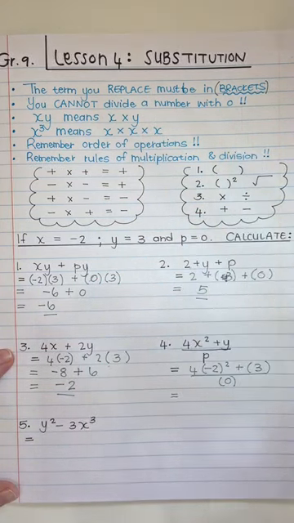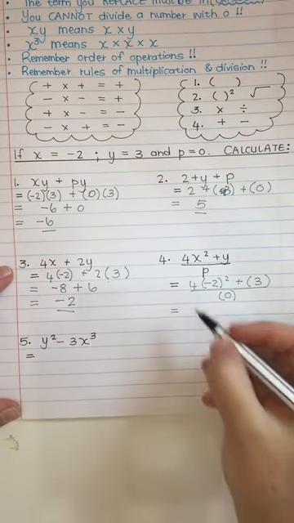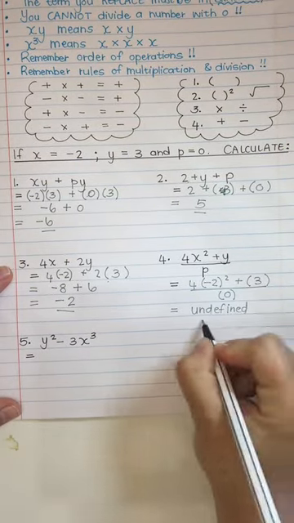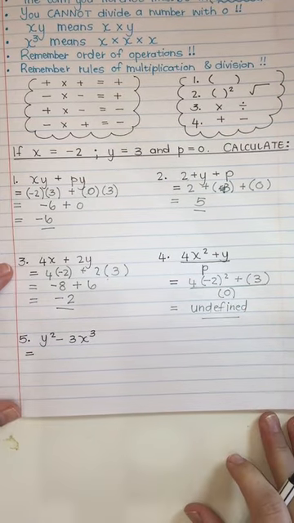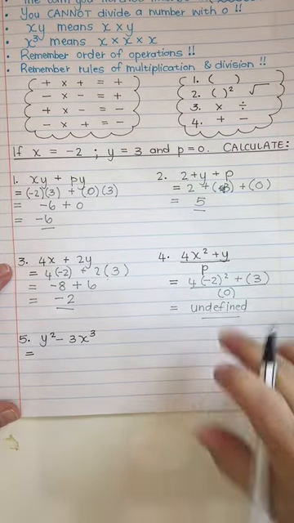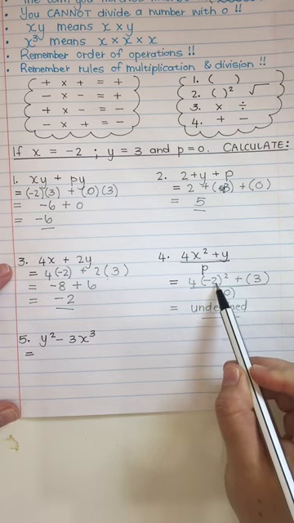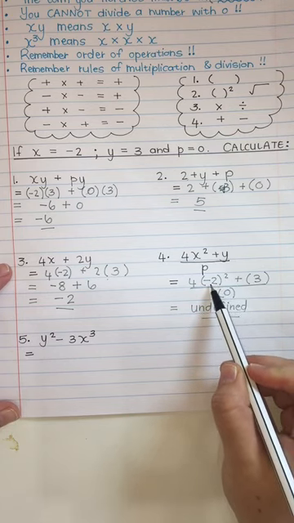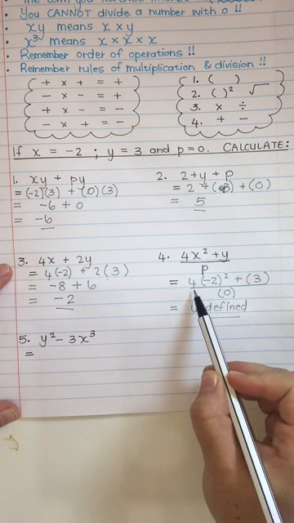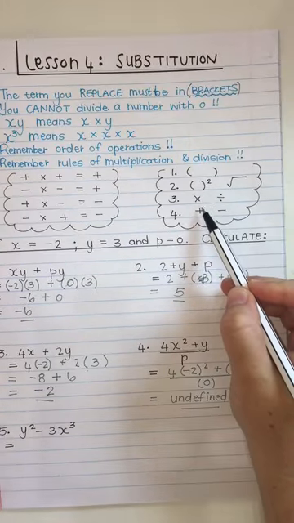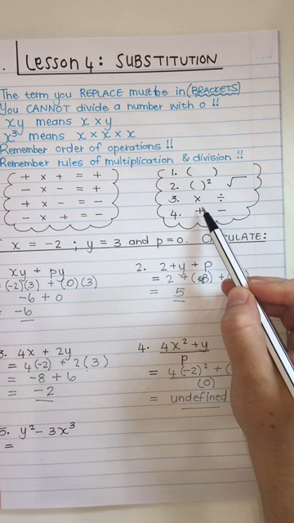You can never do that, because that gives you an undefined answer. So you don't even have to go on with that one. But let's say that was a different number. Then you would first say minus 2 times minus 2, and then you multiply the answer with 4, because you first do exponents and then multiplication.